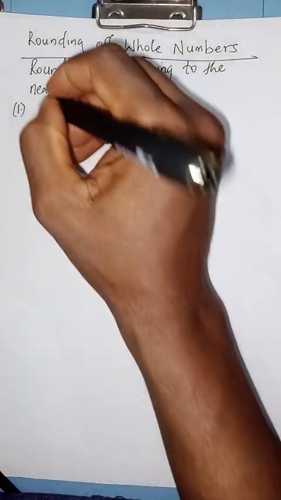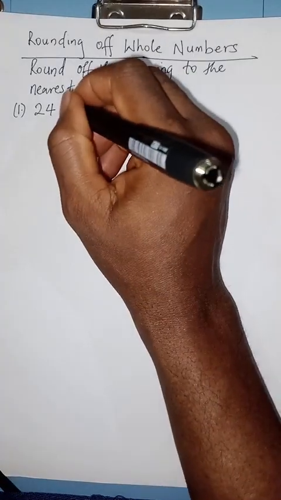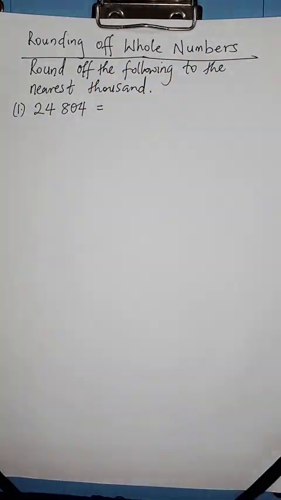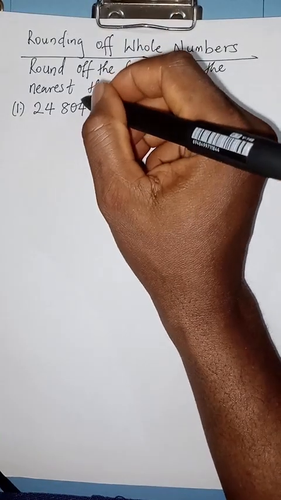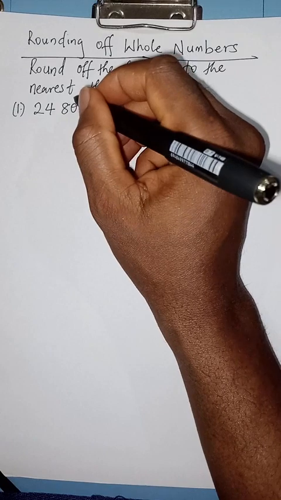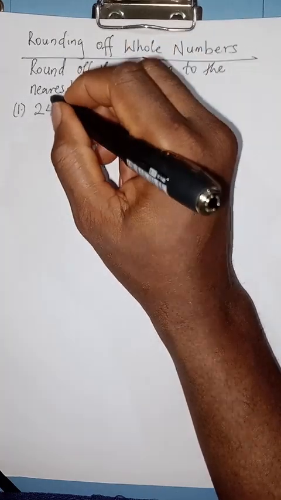Let's assume I have 24,804. Now remember the principle guiding writing of numbers. Give the numbers its place value. Remember, this is your units or your ones. This is tens, this is hundred, and this is thousand.